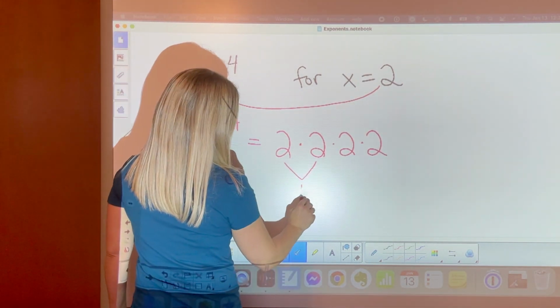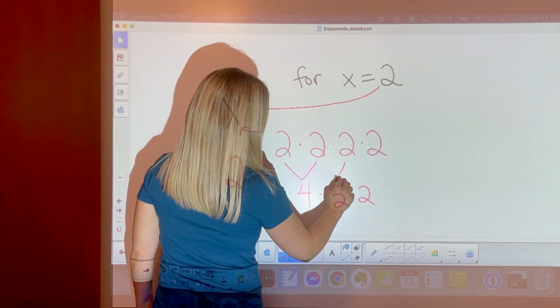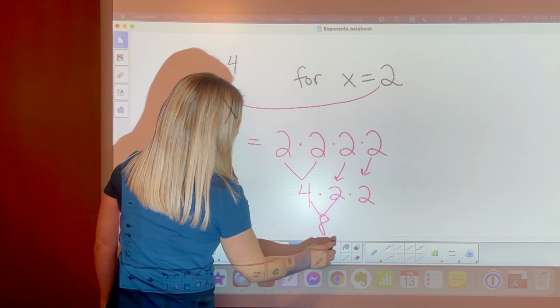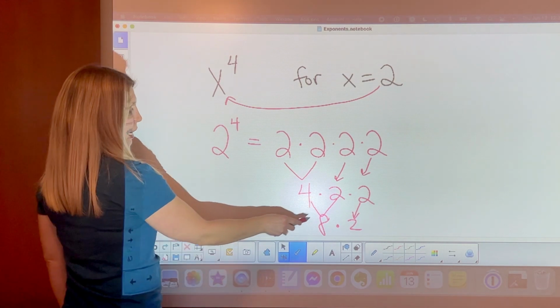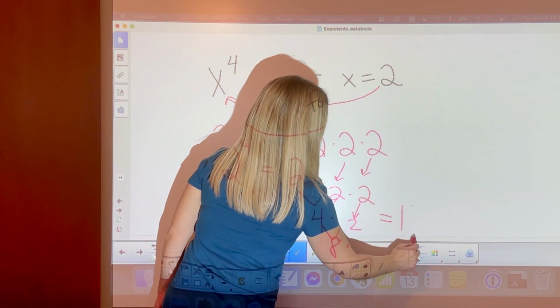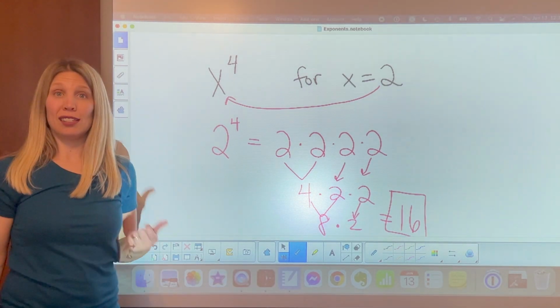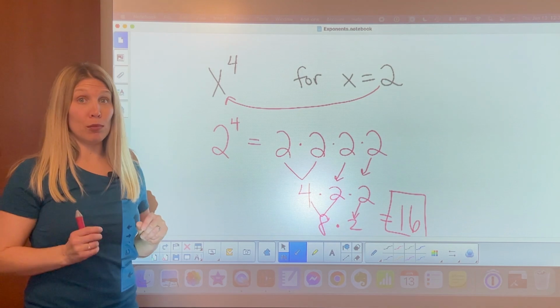But 2 times 2 is 4, and then you've got times 2, right? These guys have got to come down. So now 4 times 2 is 8, and then this 2's got to come down. So you end up with 8 times 2, which is 16. So 2 to the 4th power is 16. It is different than 2 times 4.